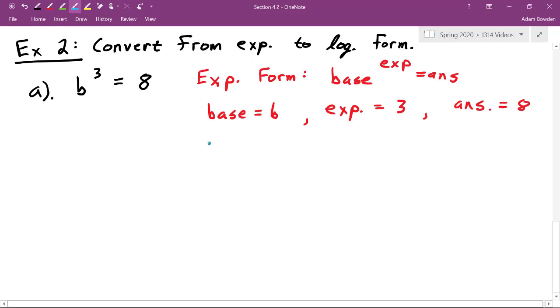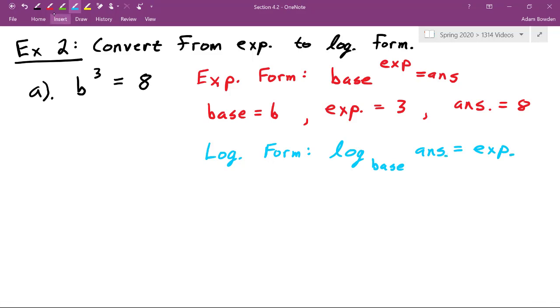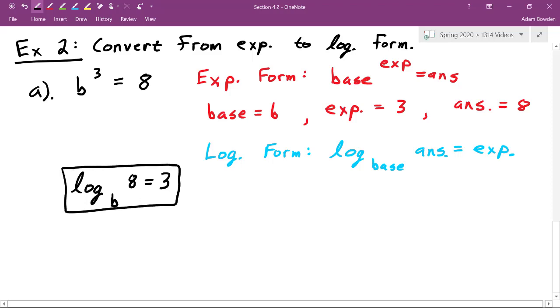We want to write this in log form, which goes log base answer equals exponent. So it looks like log base b of 8 equals 3. That is the equivalent way of writing this in log form.